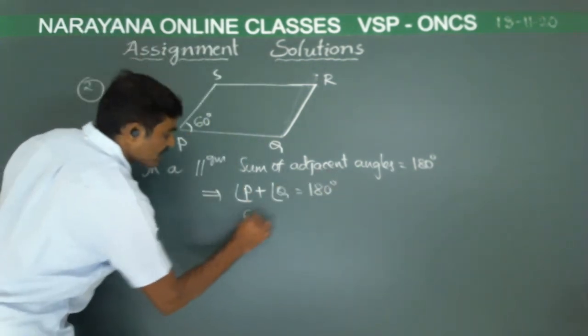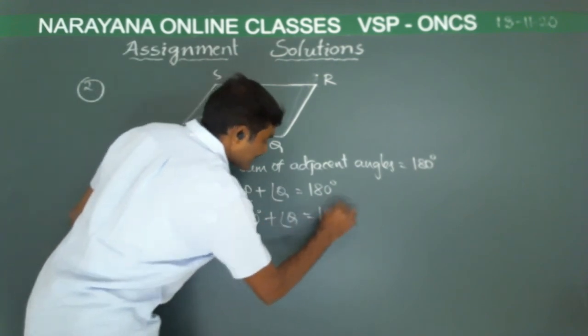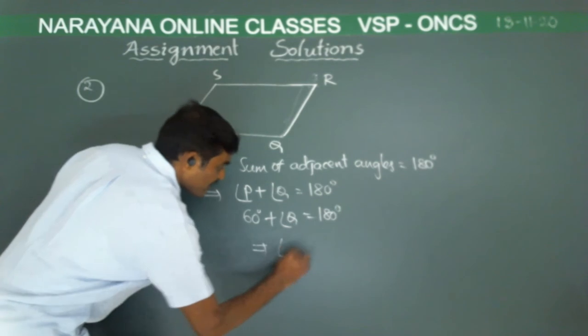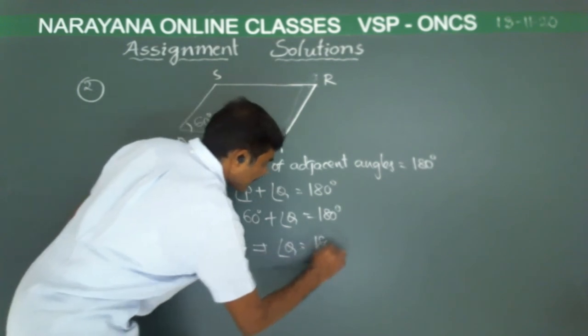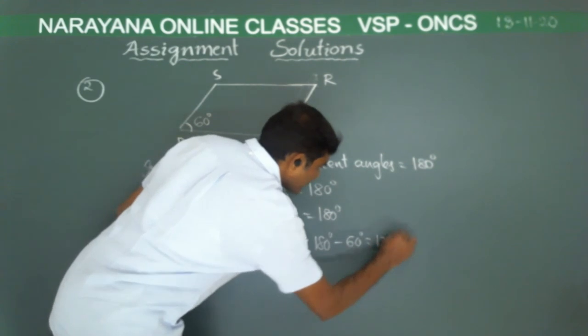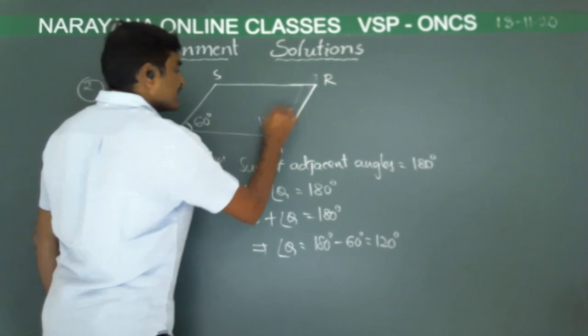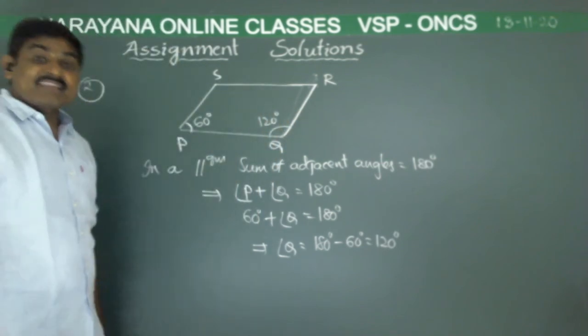Angle P is given as 60, so 60 plus angle Q is equal to 180 degrees. Then angle Q is equal to 180 minus 60, which is 120 degrees. So I got angle Q as 120 degrees.